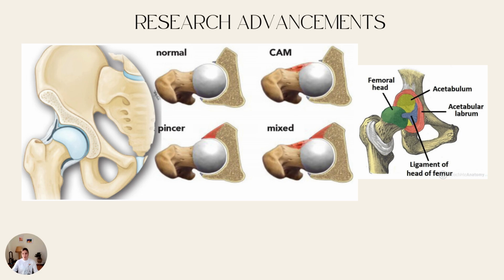Modern research now shows that cartilage is not just passive padding, it's a living tissue. It contains chondrocytes, which are a special type of cells responsible for making new cartilage.